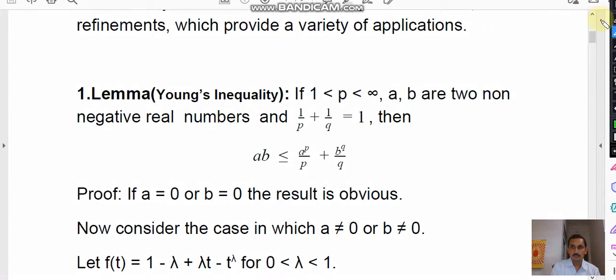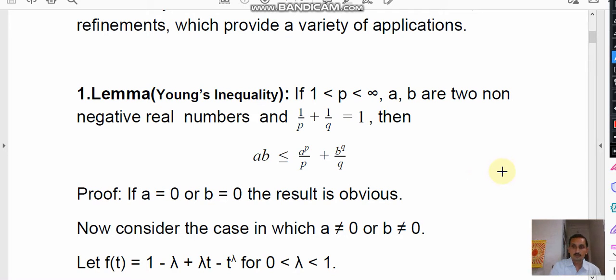So this is the statement of Young's inequality. So proof is simple here, and this proof is based on the calculus, differential calculus.